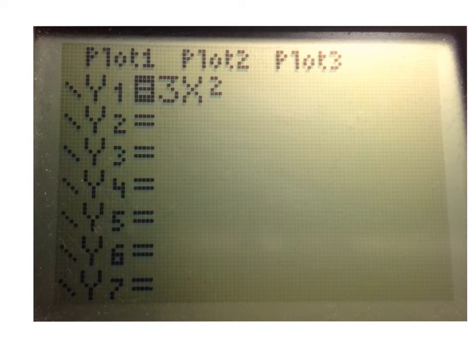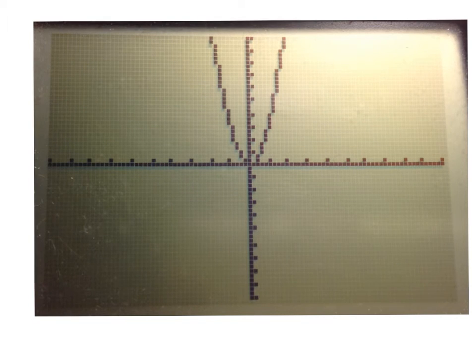Your next one, you should delete the -4x from y1 and put in 3x squared. When you put in 3x squared, it should look like this. And we need the domain and the range for this. The domain are the x values.